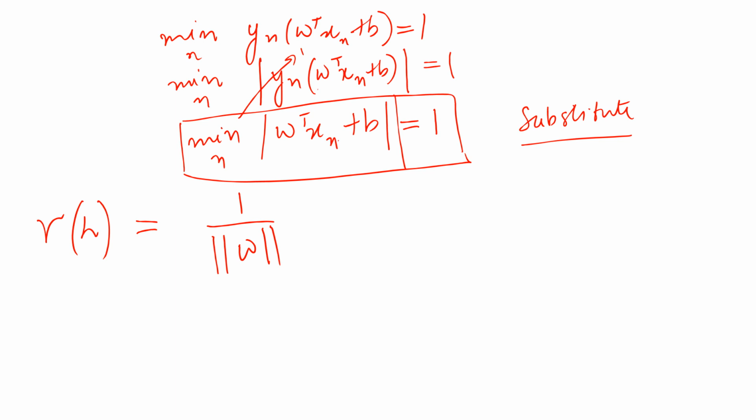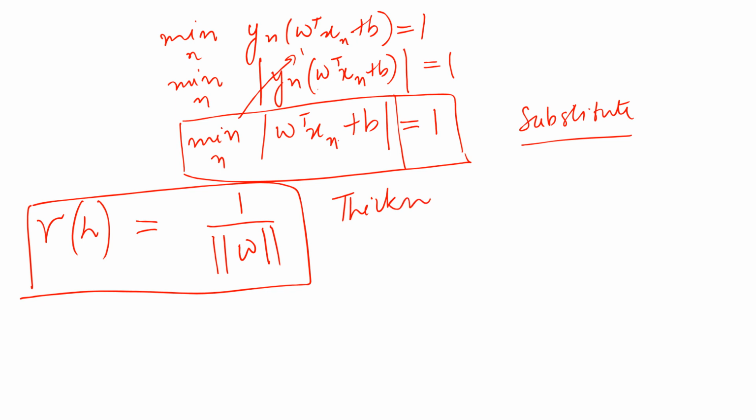All right, so here it is. The thickness or the margin of a hyperplane is 1 over the norm of the weights of the separating hyperplane, right? That's what this is. And so this definition here is the thickness or margin. This is what we've been talking about until now. All right, so we have three definitions.